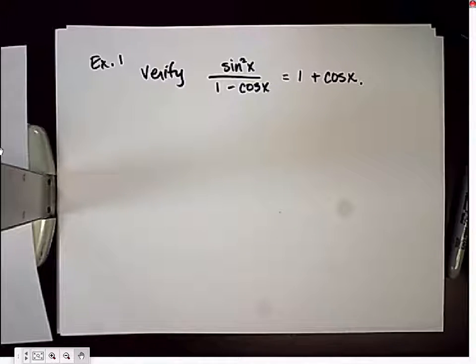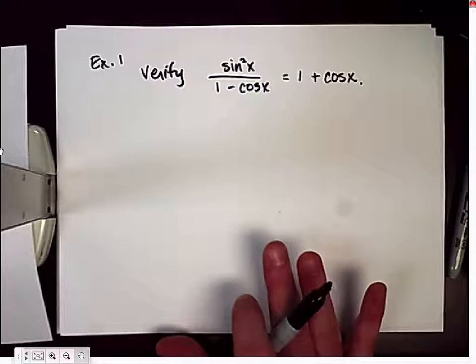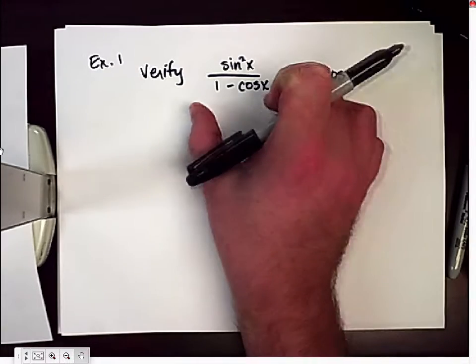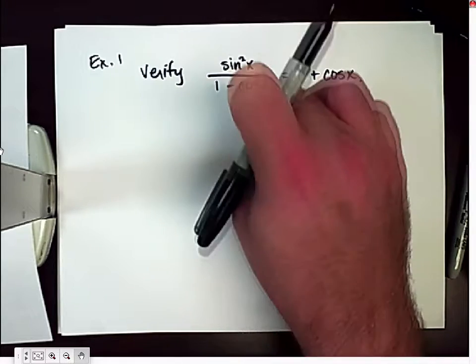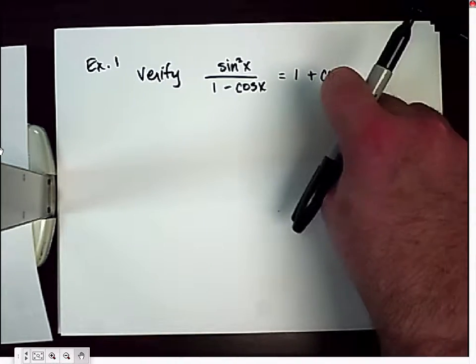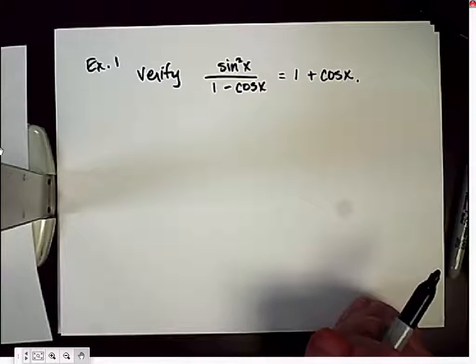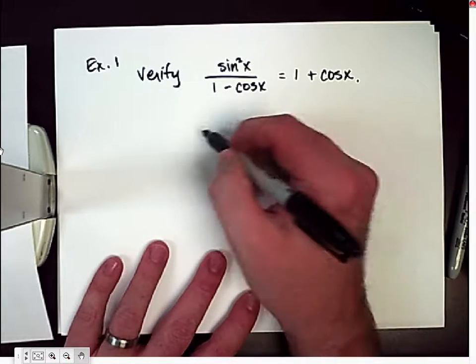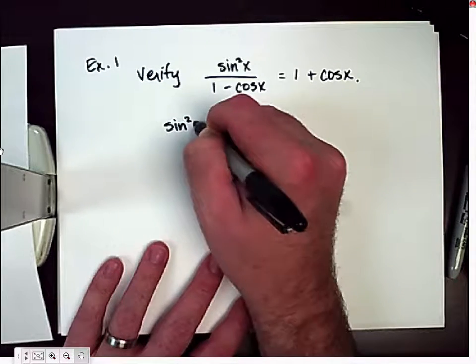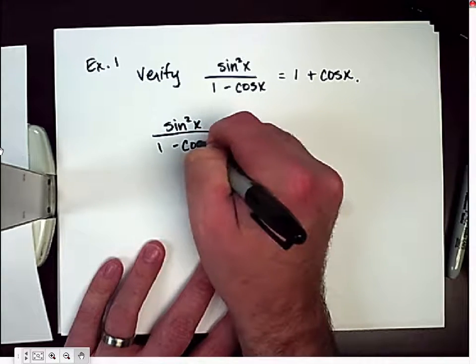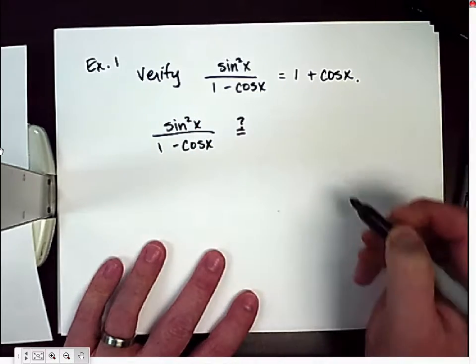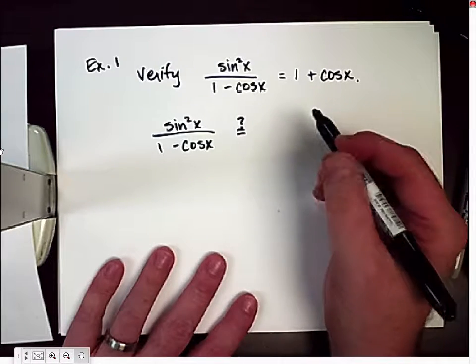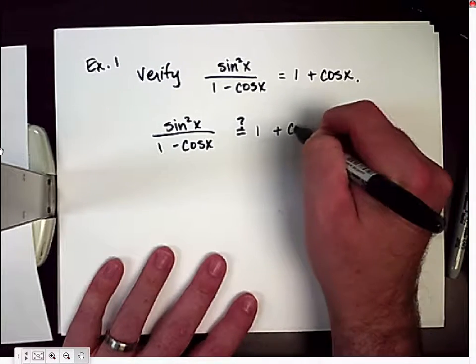All right. So all you can do when it asks you to verify, you only work on the left side, and you have to simplify the left side until it looks like the right one. Okay? So we're wondering, does sine squared x over 1 minus cosine x, if you put an equals with a question mark over it, it means does that equal 1 plus cosine x?